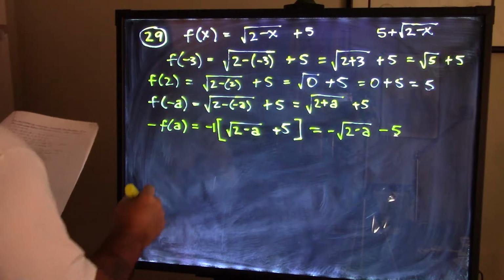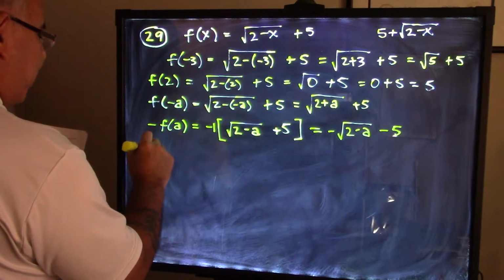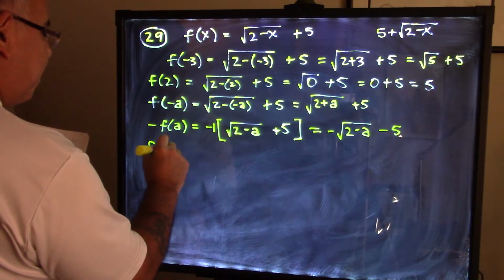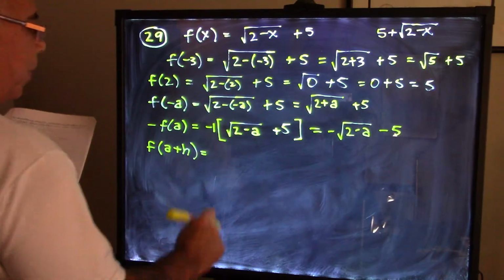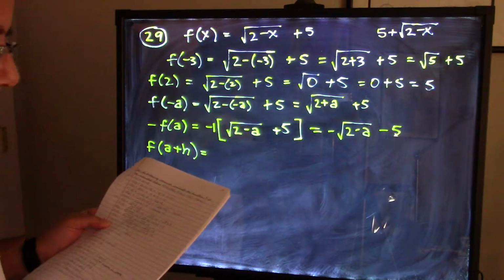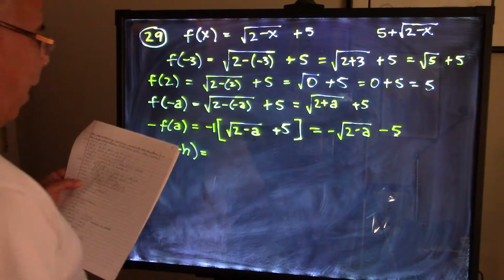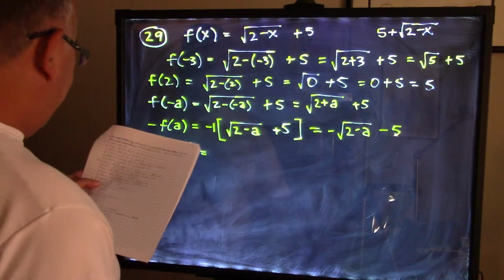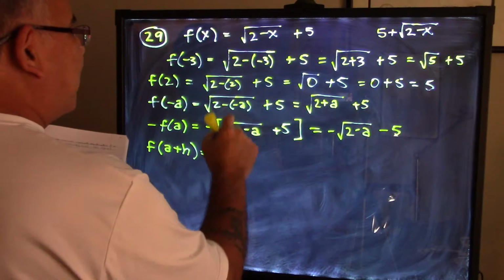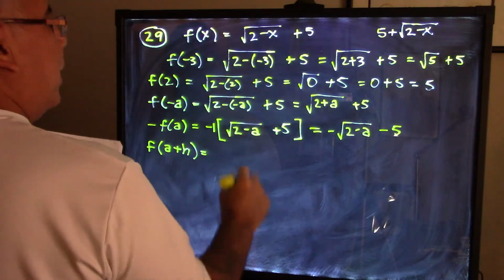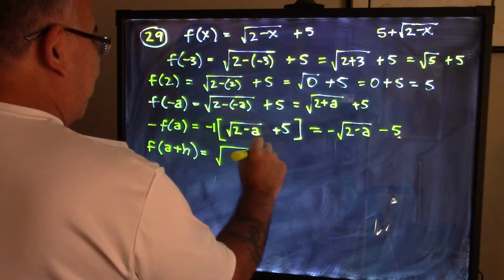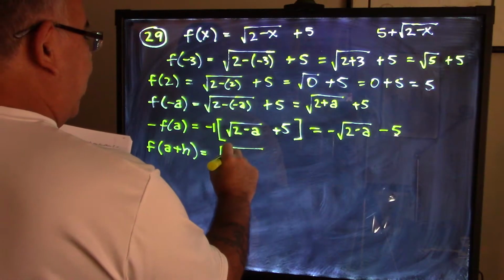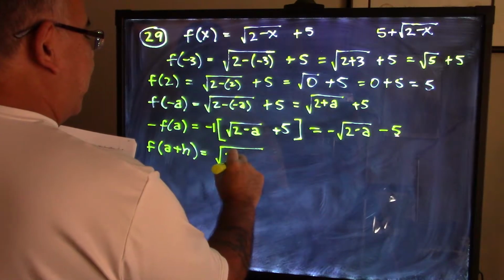And then finally we have f of a plus h. Put the a plus h in the x up there. But watch out. 2 minus x. What's the x? It's a plus h.